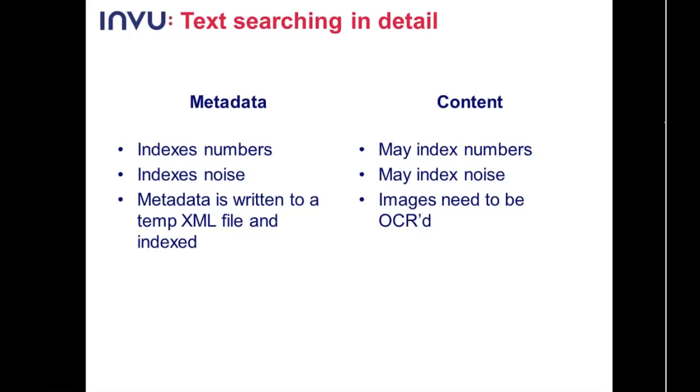The content also, with images, PDFs, TIFFs, JPEGs, things like that, they need to be OCR'd, which in itself, depending on the size of the image and the quality of the image, can either be fairly quick or fairly slow. So that's just a breakdown of the difference.